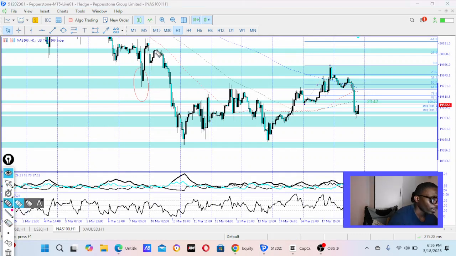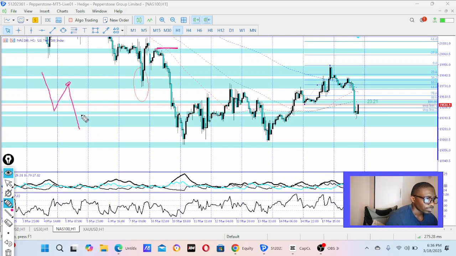Remember, this is the previous H4 lower high. Price made a low here, a high here, and made a low here. So this is the high that I'm looking at here.